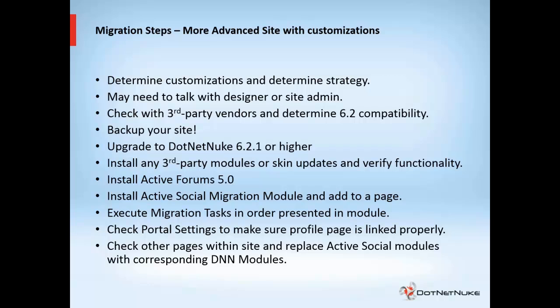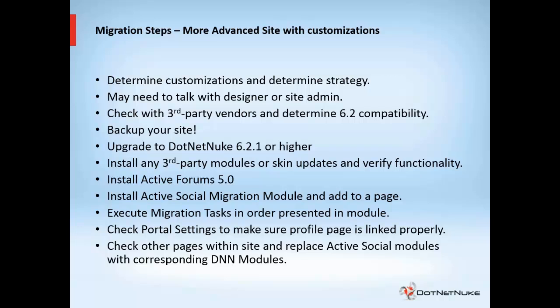Another question is, what issues should we expect if we currently have a custom theme and customized core files for Active Social? What can be done to avoid them? That fits into the case of a more advanced site with customizations. You're going to need to look at how things are customized.